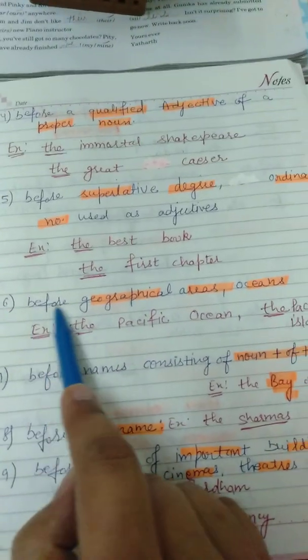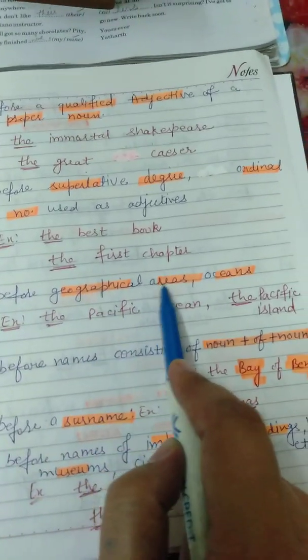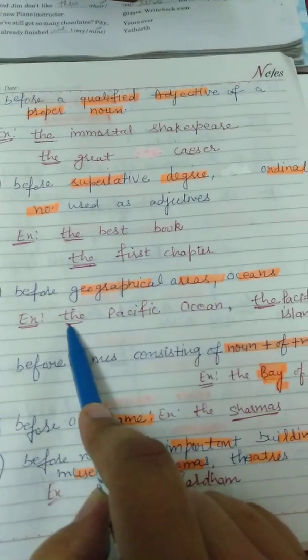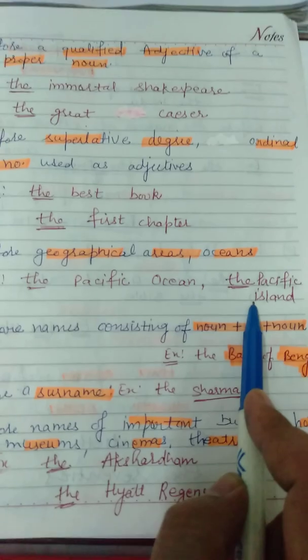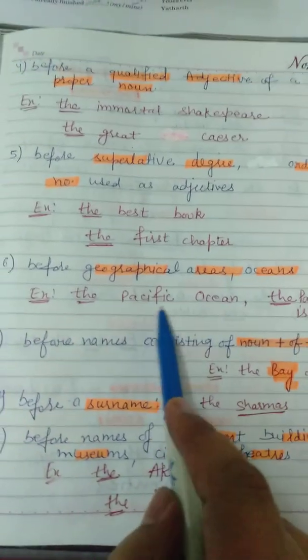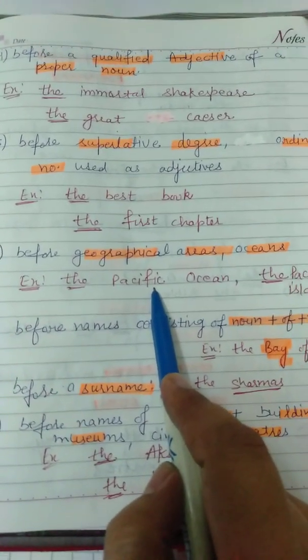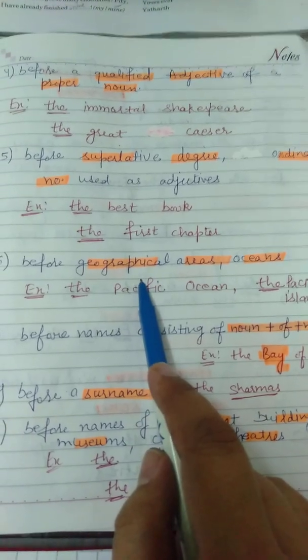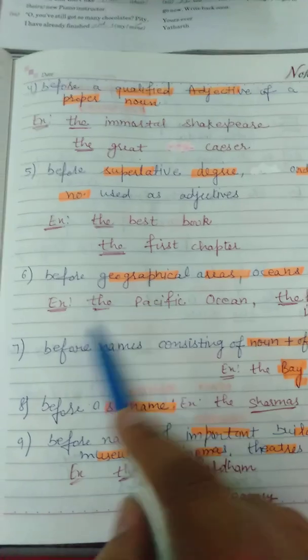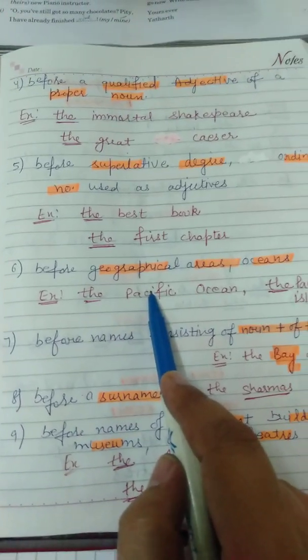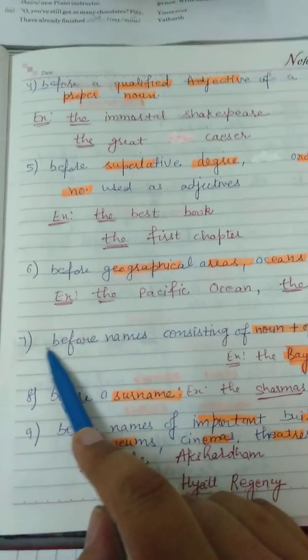So next uses. Geographical areas, oceans also take the with them. The Pacific Ocean, the Pacific Island. Okay. All these things you have to remember. Some of these you have remembered already, but sometimes we forget. Then again when you go through, you will learn it. You will remember.